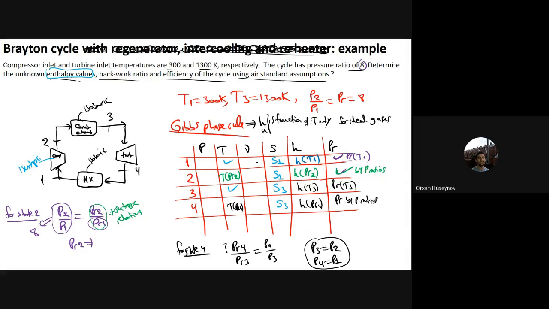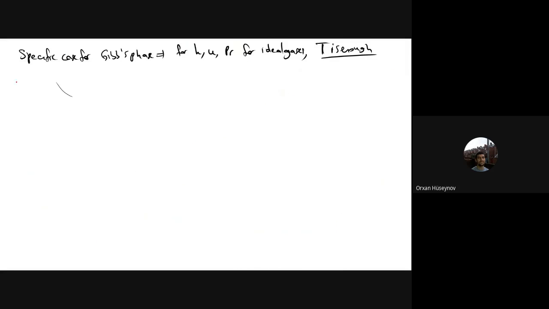Therefore, you can see that I have only worked with these columns here, which are the functions of the temperature only: temperature, enthalpy, and the pressure ratio PR. For the other columns here, I cannot find them. For pressure and the nu, as well as entropy values, I need two independent, intensive properties.